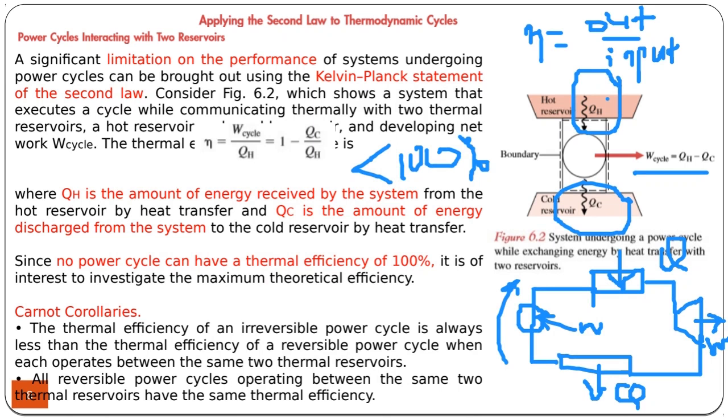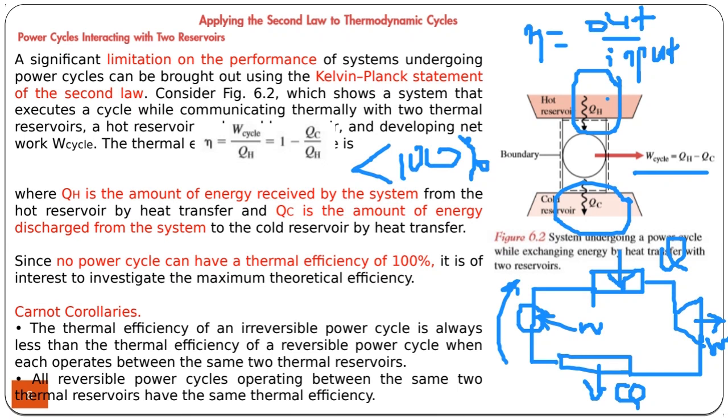A system without any irreversibilities is called a Carnot system. So a heat engine without any irreversibilities, or reversible heat engine, is called a Carnot heat engine. And similarly, a refrigeration system without any irreversibilities is called a Carnot refrigeration system or reversible refrigeration system.